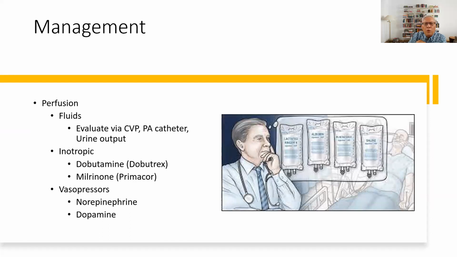The goal for ARDS is to maximize perfusion in the pulmonary capillary system. And how do we do this? By increasing the oxygen transport between the alveoli and the pulmonary capillaries.